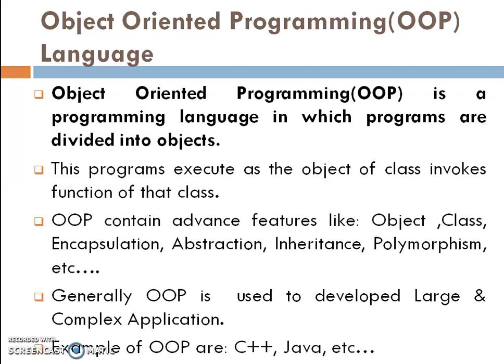Object-oriented programming language contain advanced features like object, class, encapsulation, abstraction, inheritance, polymorphism, etc. Generally, object-oriented programming language is used to develop large and complex applications. Now, the example of object-oriented programming language are C++, Java, etc.